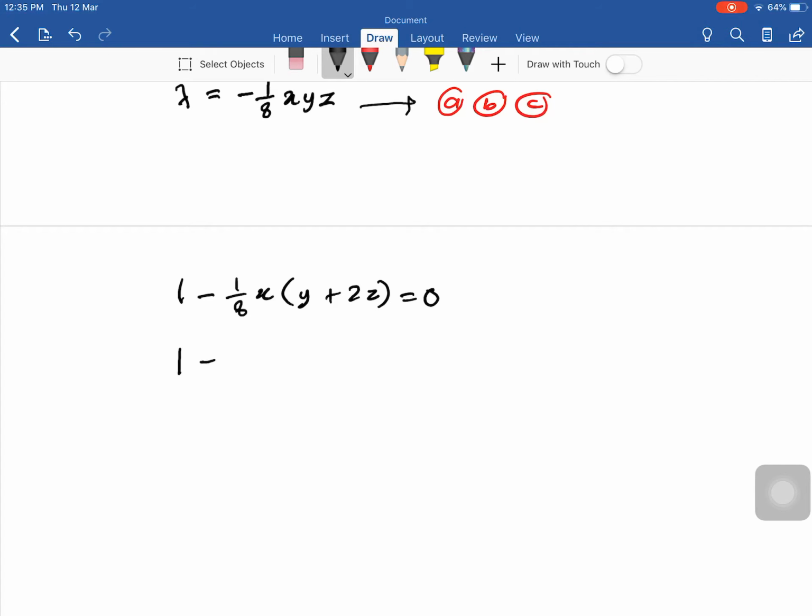And for B, 1 minus 1 over 8yx plus 2z equal to 0, and the last one, z, 2x plus 2y, okay, equal to 0. Alright.